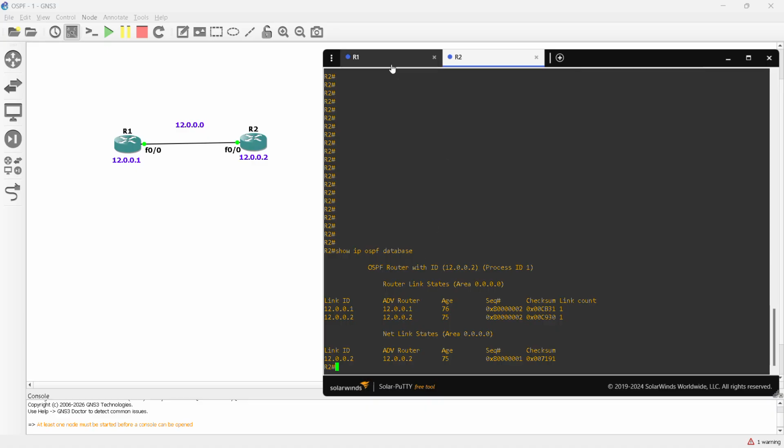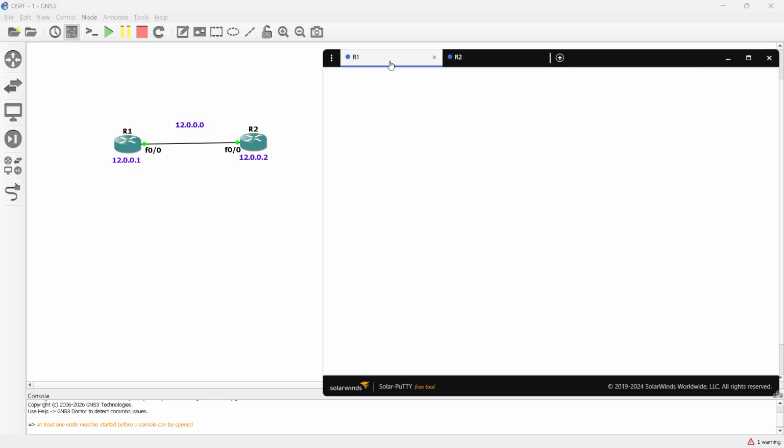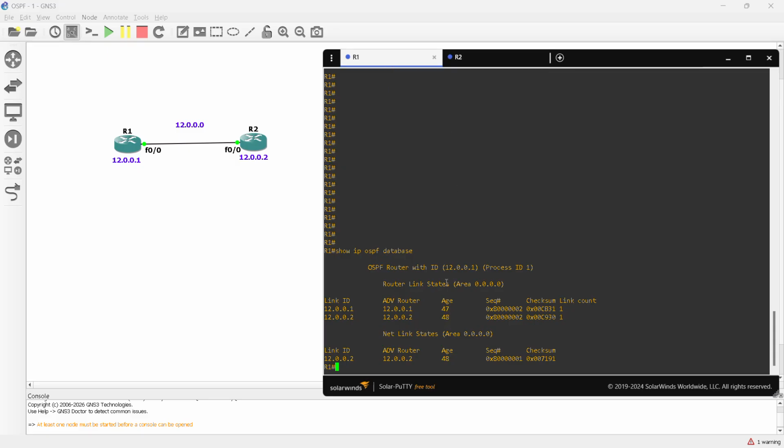Now, if you look at router 1, similarly, first we'll check its own router ID. This is the one. And if you look at the second one, this is the received LSA from R2, right? Now, as you can see, we talked about that there are different types of LSAs.